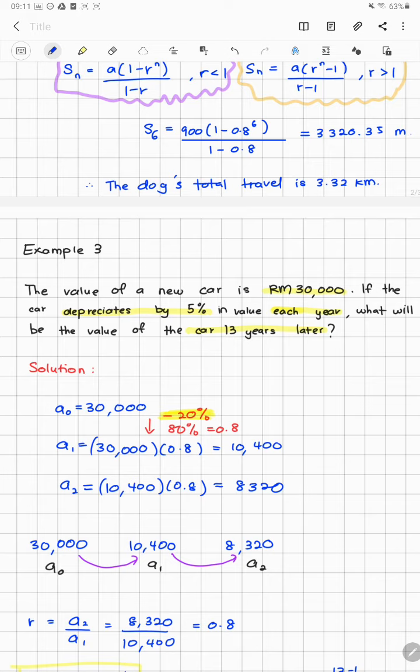Maka dia berkurang sebanyak 5%. Oh, saya tersilap kat sini. Maaf ya, saya dah tersalah. Dia bukan 5%, dia 20%. So depreciates by 20% in value.